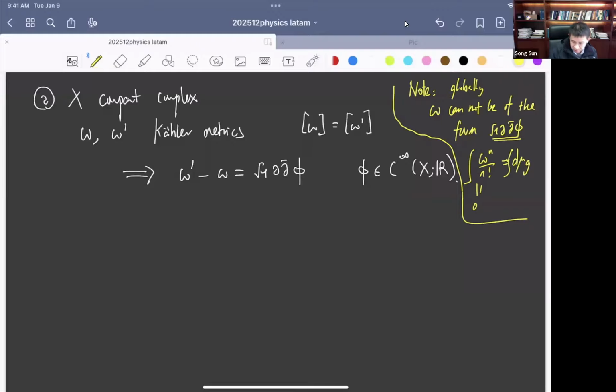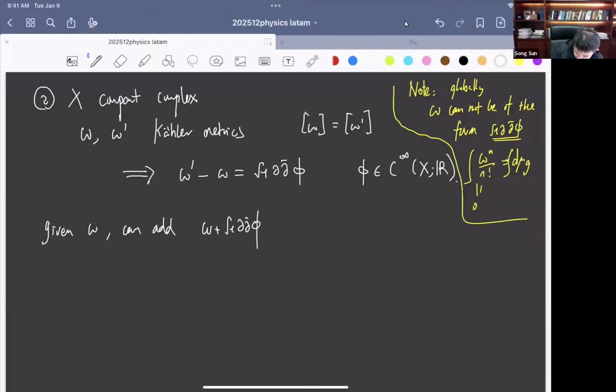However, if you have two Kähler metrics in the same cohomology class, then they will differ by a function phi. Of course, given omega, you can always add square root of minus 1 partial partial bar of phi, and this is always well defined.